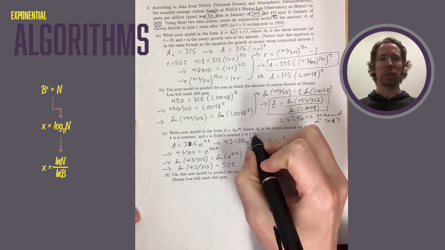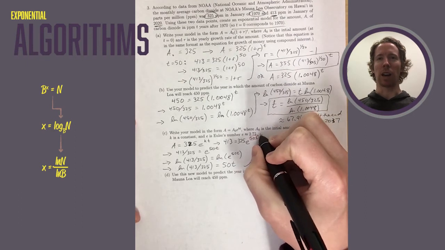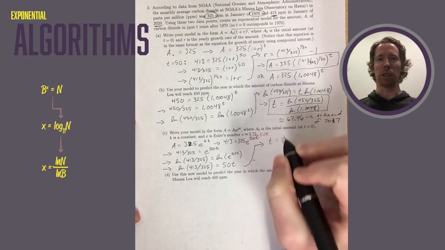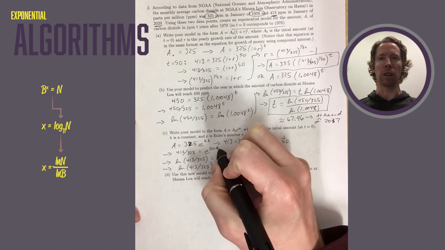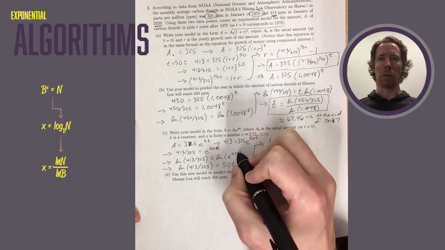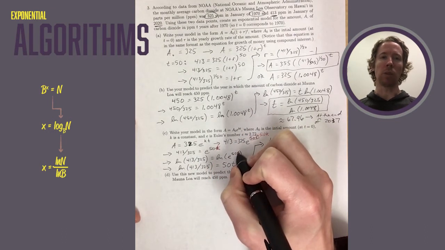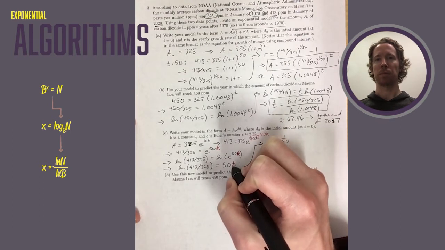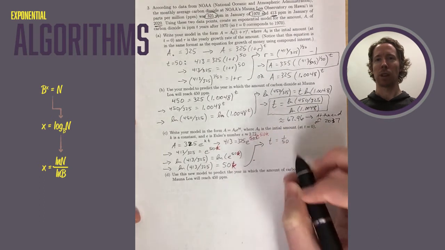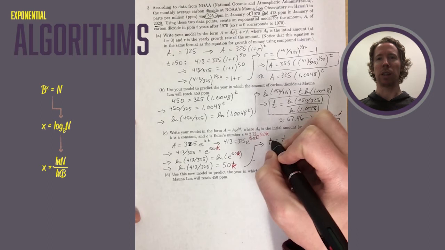What clued me into that is that I shouldn't already be solving for t. I just wanted to solve for k here so that I can write down what the model is. And then in part D, we'll solve for t. So change all of those k's to t's.